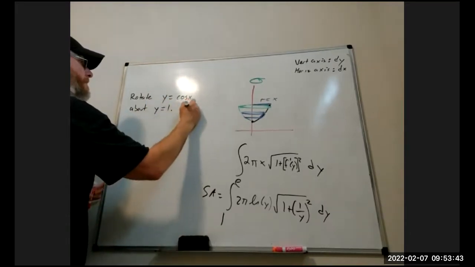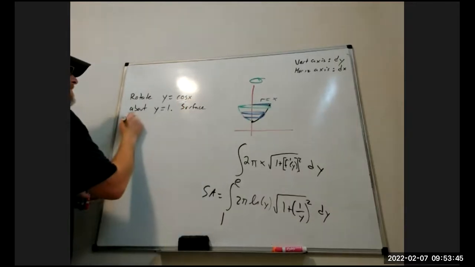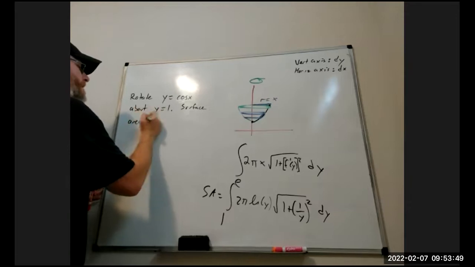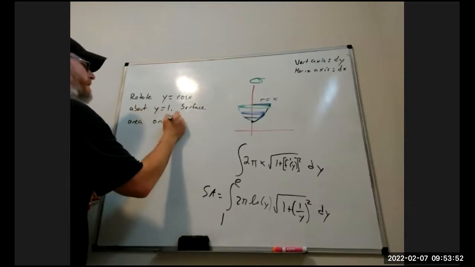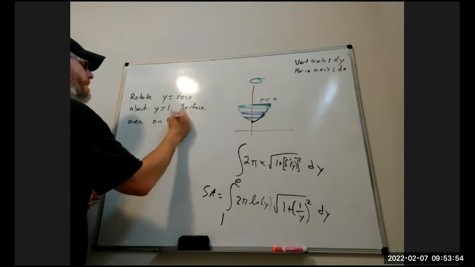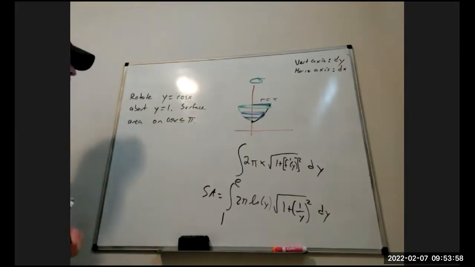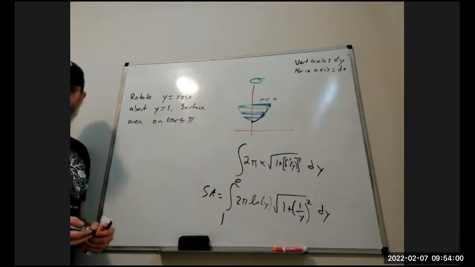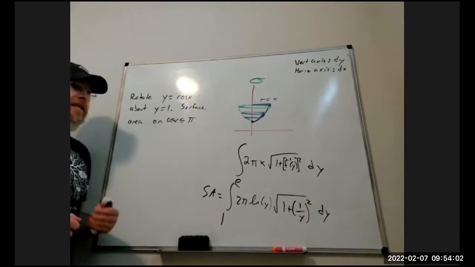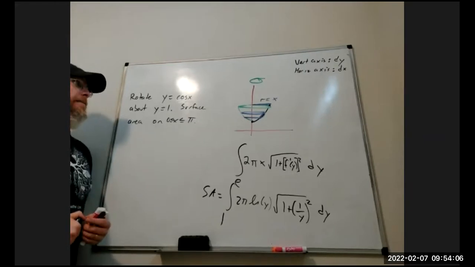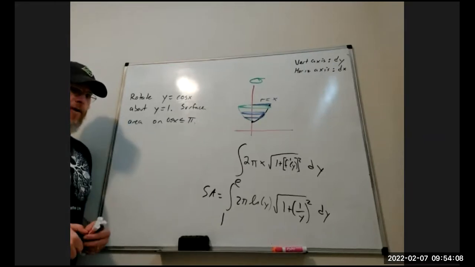And let's find the surface area on the interval 0 to pi. So we're going to have our x's go from 0 to pi, so we'll take that piece of cosine and we're going to rotate that about the line y equals 1.